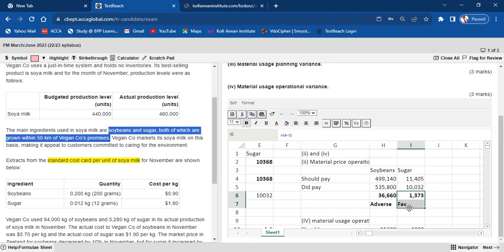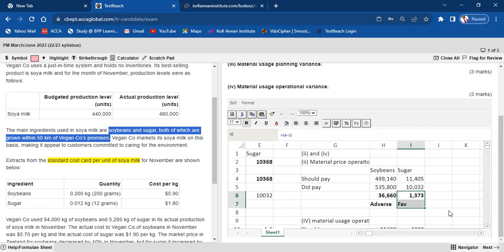Now, focus here on the operational variance, which I'm saying is within the control of the manager. With the soybeans adverse variance, I'm trying to find a reason. Could it be because of the distance, 50 kilometers to source it, that might have been the reason why he had to pay more. But with sugar, although that is small, he has done well by saving some money.